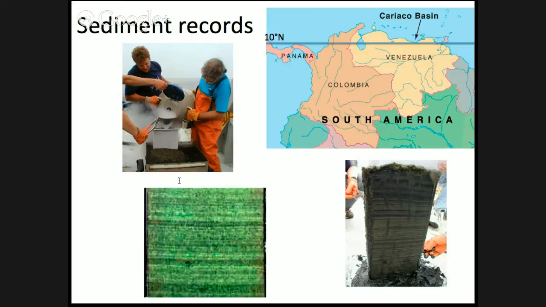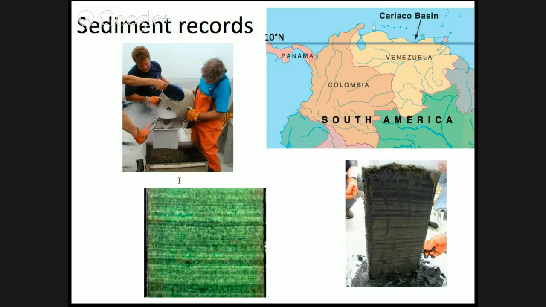The advantage of this basin is that it is very well protected from the western boundary current by the higher topography around this basin. So the sediment is not affected by the general circulation, and it can very well be used to retrieve the past local climate. In summer, this 10 degrees is around the ITCZ, the northern hemisphere ITCZ, and it's rainy in summer.